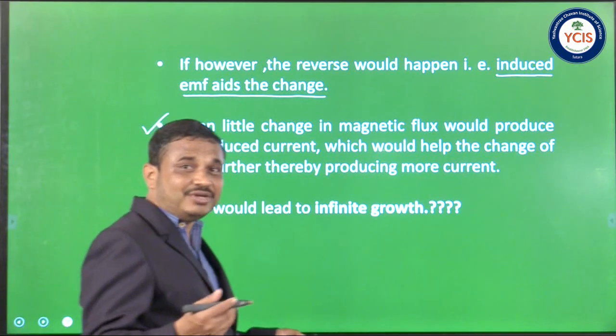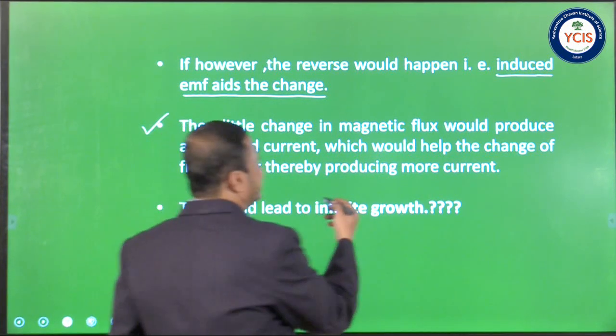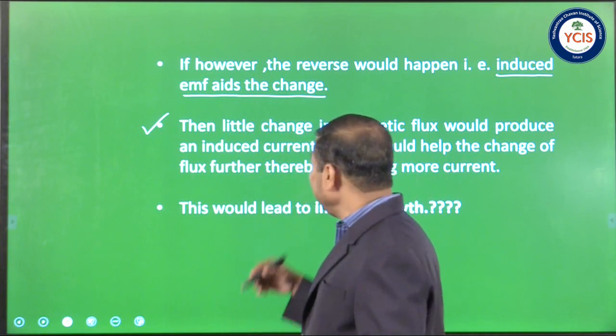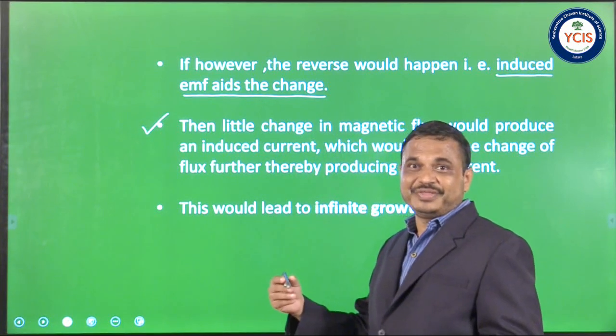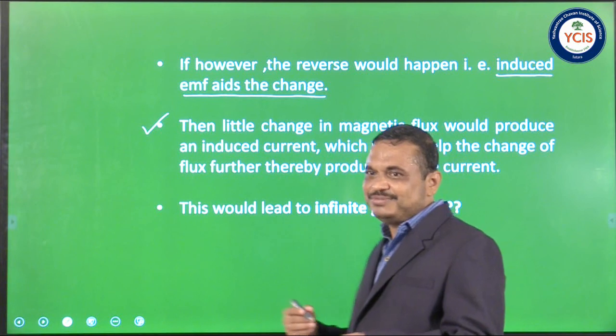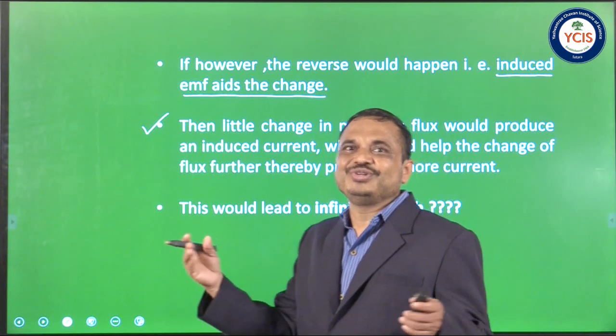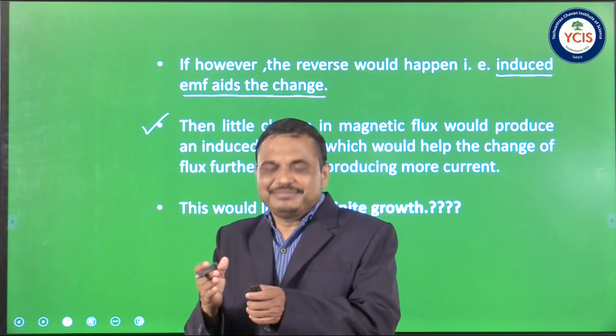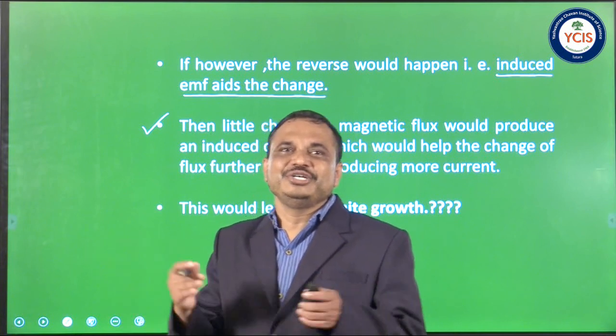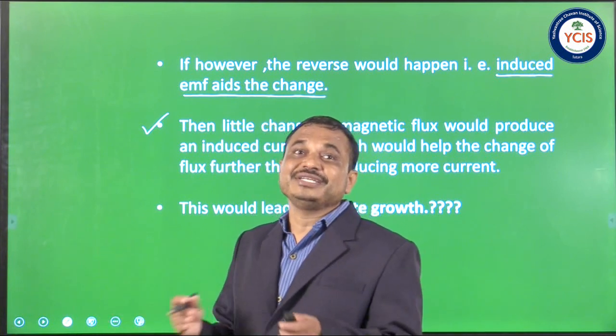So what does it cause? It increases the magnitude of induced EMF, and this process goes on. That is, if the magnet is brought towards the coil, the induced EMF helps it, and more current is induced, and more force of attraction results.